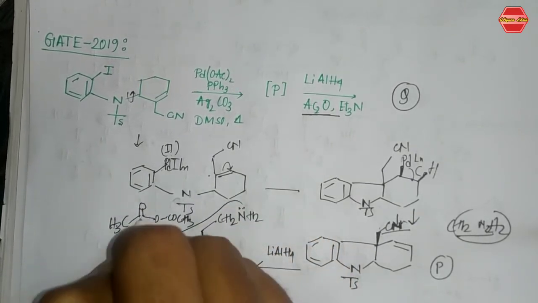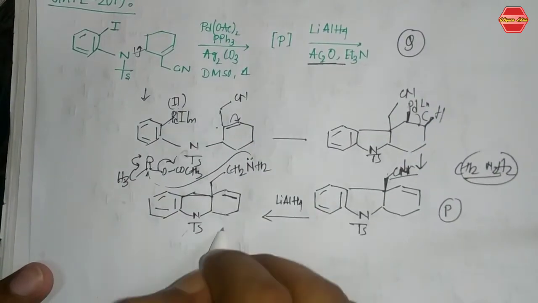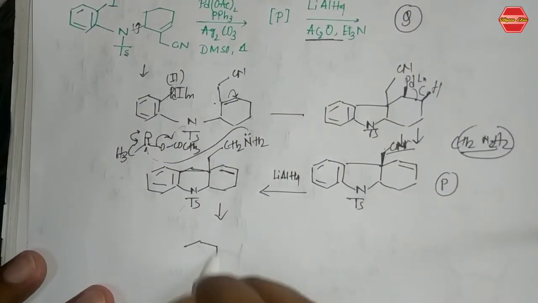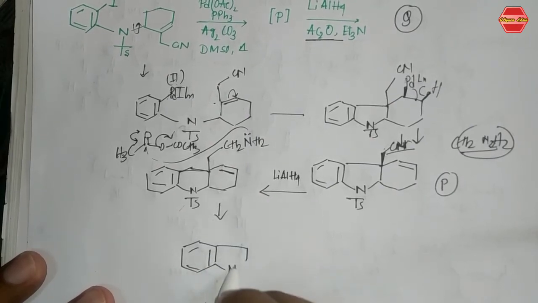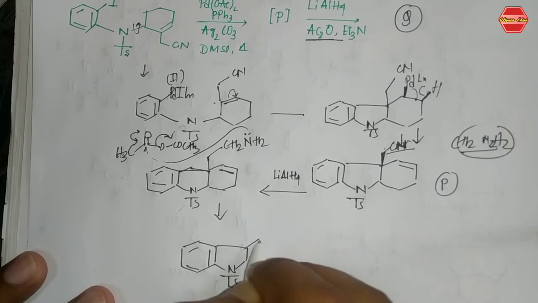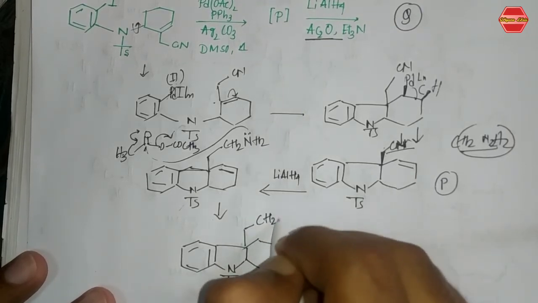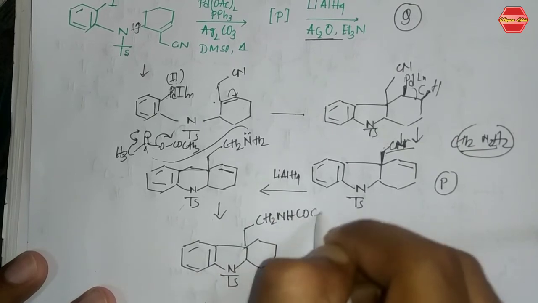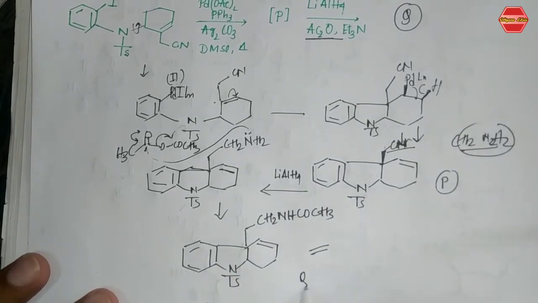This negative charge directly attacks over here. One can go back and it will leave from the system in this way. So finally Q is this one, CH2NHCOCH3. This is our major product from this reaction, and this is Q.